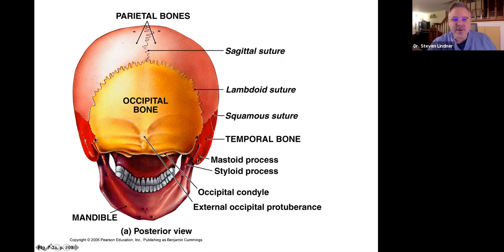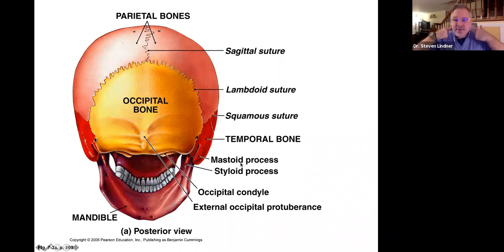Off the temporal bone down here at the bottom is a mastoid process, and then more medial to it, a pointy process called a styloid. If you wanted to feel that on yourself, you could. You'd go to your earlobe, you feel the bump behind your ear, that round, prominent, bony process is called the mastoid process.